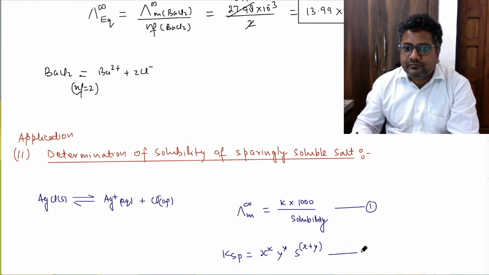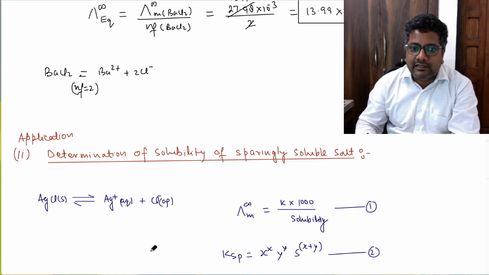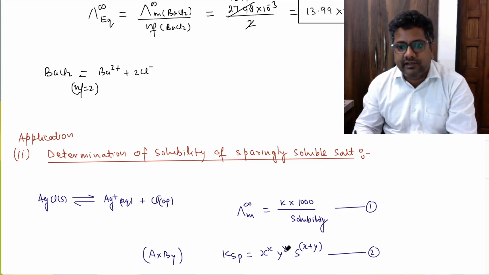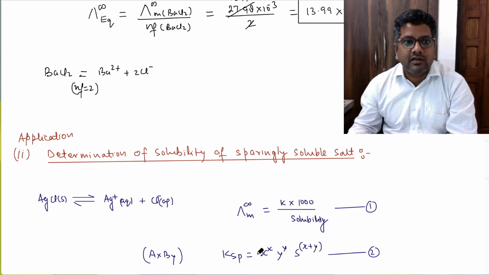So by determining solubility S from this equation, and given the nature of the salt is AxBy, for any given AxBy type of salt, by using these two equations you can determine the solubility product as well.